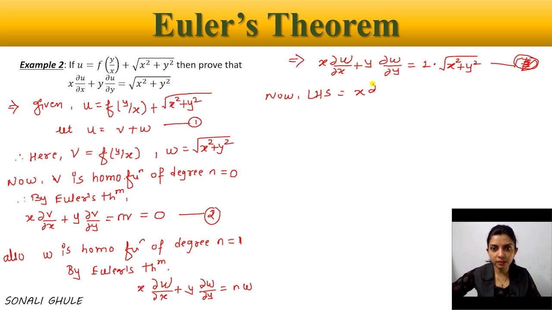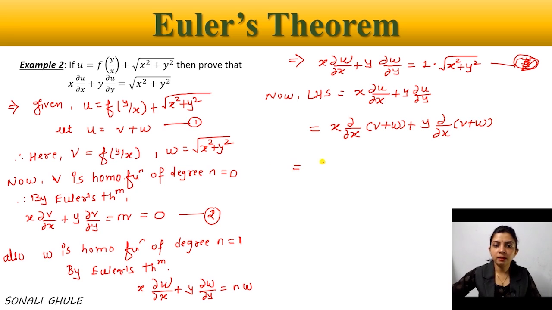What is it? x into dou u by dou x plus y into dou u by dou y. But I have considered the value for u from equation 1. You can check what is u? v plus w. So put here u equal to v plus w. What do I get? That is equal to x into dou by dou x of v plus w plus y into dou by dou y of v plus w.